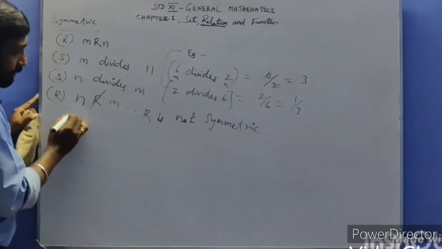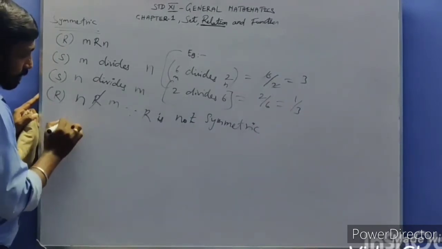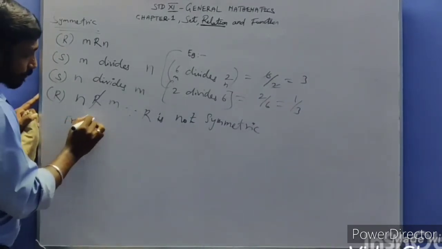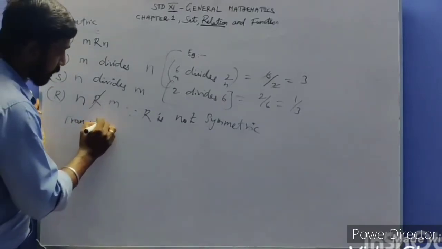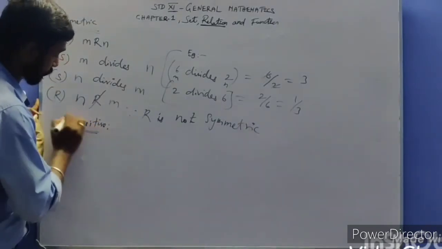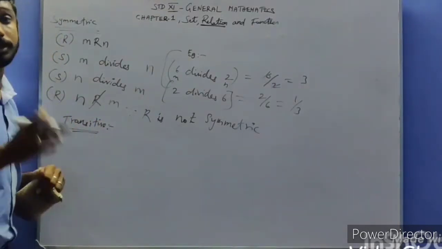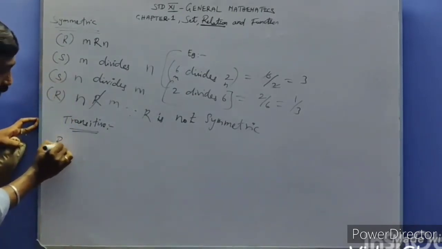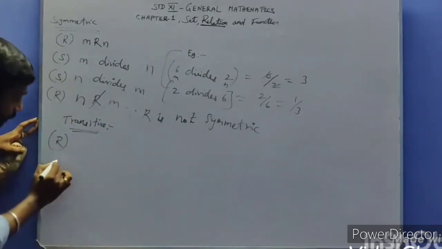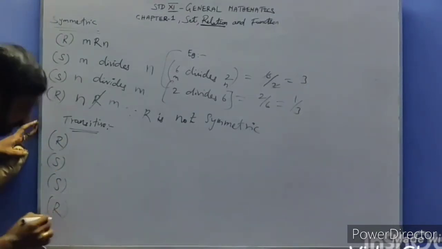So now we are going to see transitive. Already I told you what is meant by transitive: one third person will be entered here. So here it is also the same procedure. One relation, two statements, then one relation.